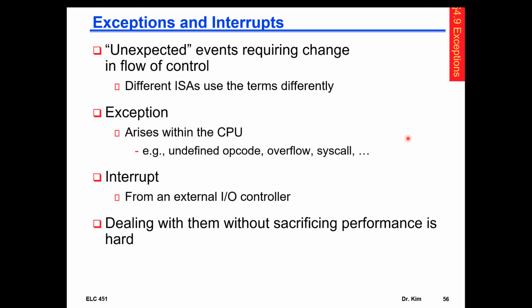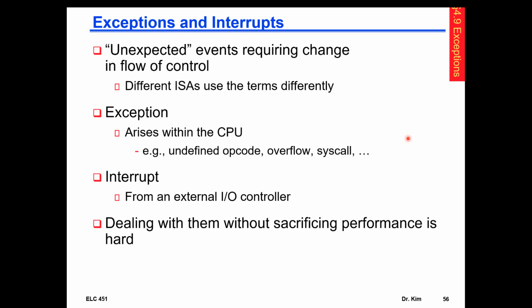For example, all external I/O controllers behave in this manner, from your mouse, your keyboard, your disk drive, your communication type of peripherals. So the processor has to go and service this peripheral via an interrupt service routine.